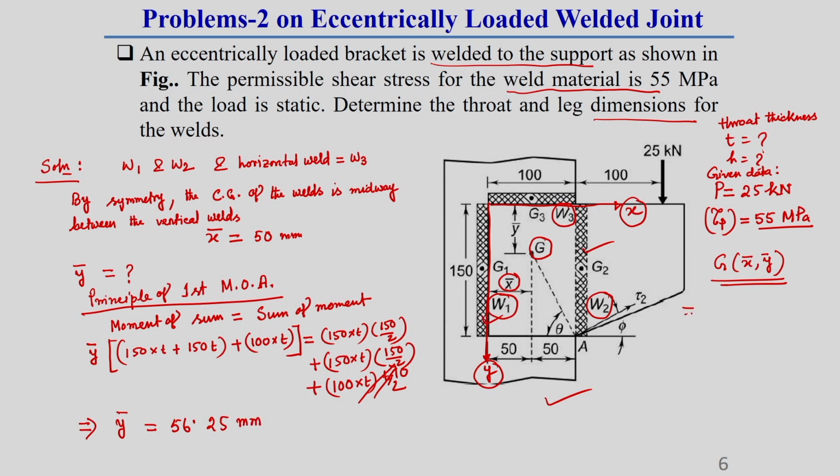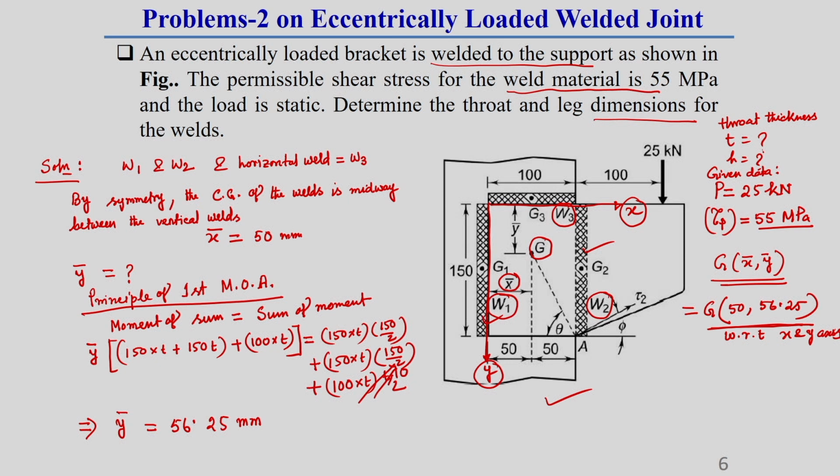The coordinates of G with respect to the x axis and y axis are x bar equal to 50 and y bar equal to 56.25. This you should keep in mind: we get x bar and y bar with respect to the x axis and y axis.